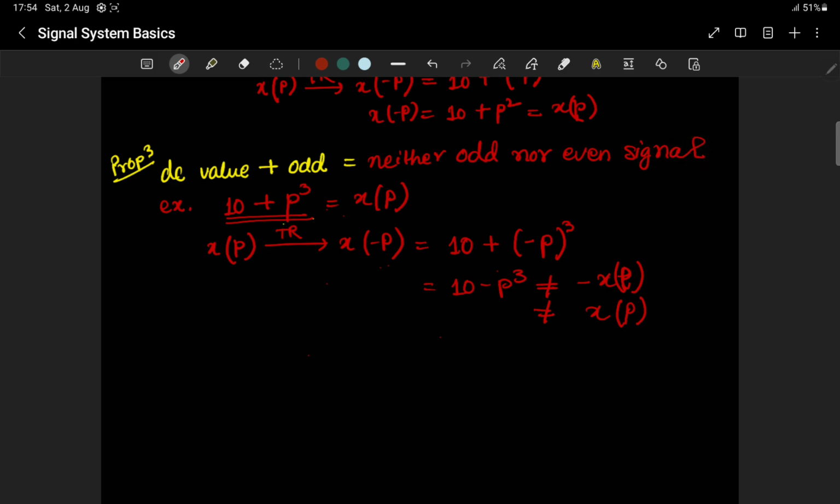And this is the generalized form of any kind of signal. We are taking DC value as even plus this is the odd value, so we are getting a generalized value.